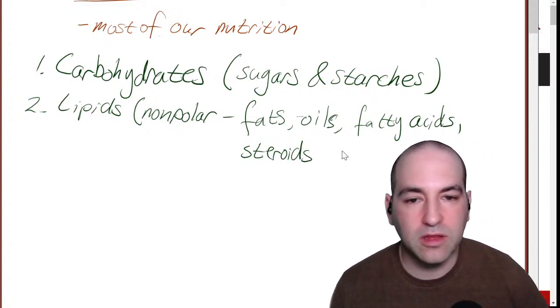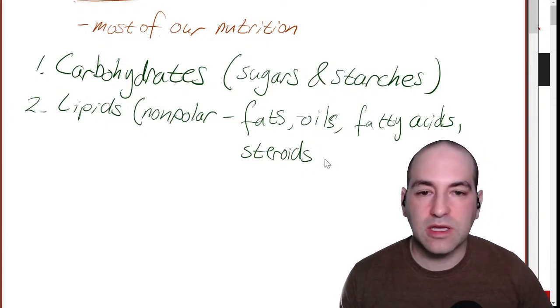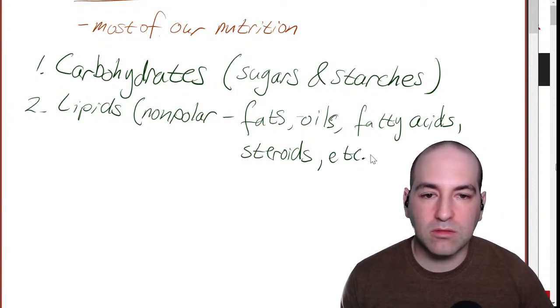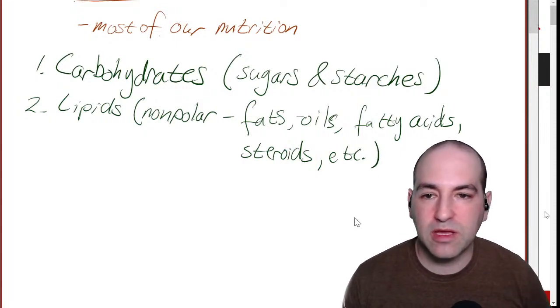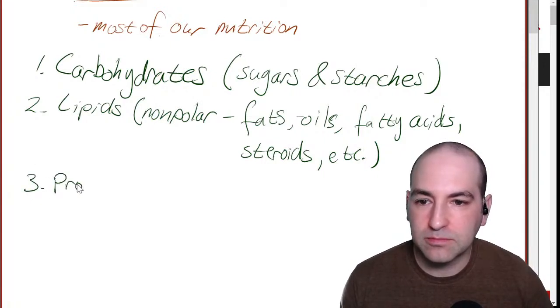Many hormones are lipids. Some other important things that we'll see. So I'll just say et cetera, because it's actually a pretty big category of a lot of different types of things. And then third are the proteins.